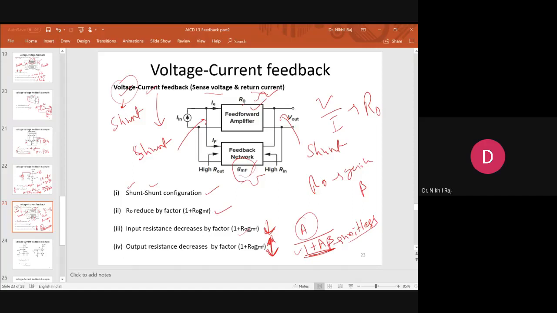So whenever you see shunt configuration, resistance will decrease, and whenever you see series configuration, resistance will increase. Based on this concept, you can easily recall the effect of feedback on impedances. So this was voltage current feedback.